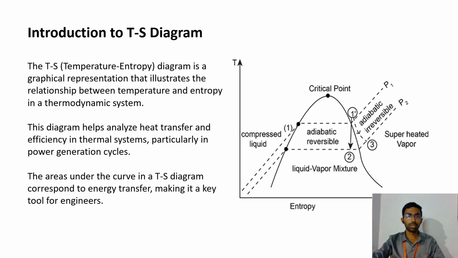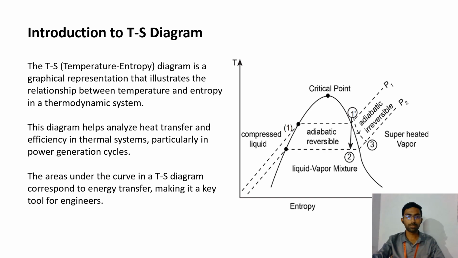Introduction to temperature and entropy diagram. TS diagram: T means temperature, and S means entropy. The TS diagram is a graphical representation that illustrates the relationship between temperature and entropy in a thermodynamic system.